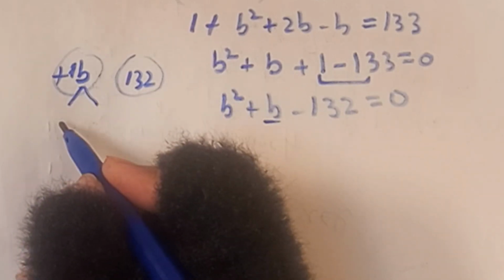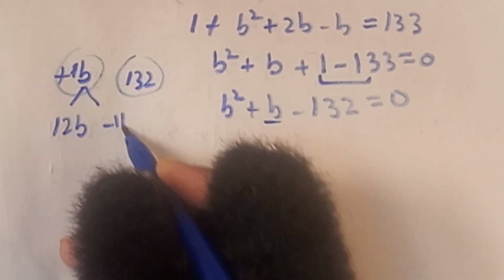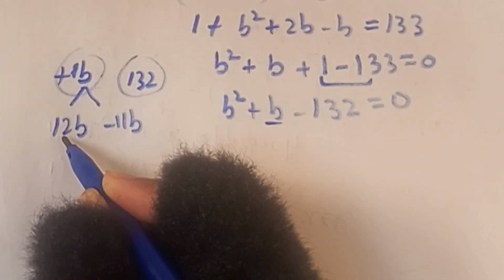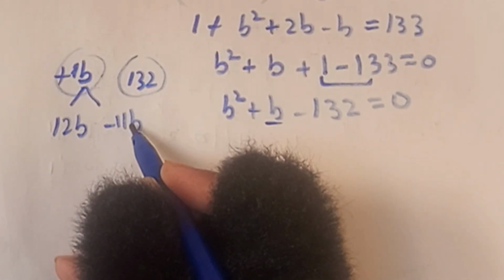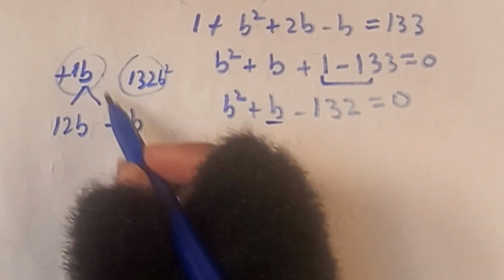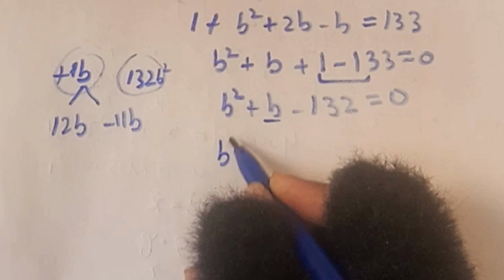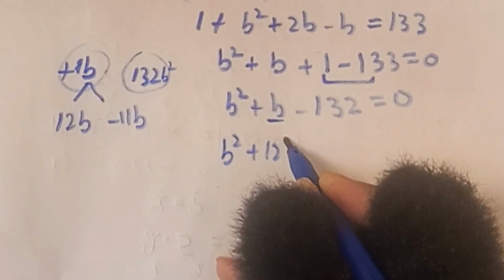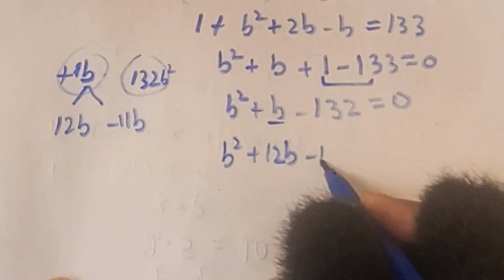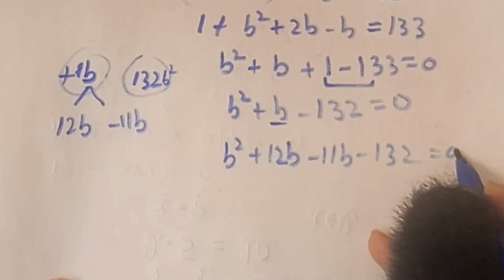So the two numbers are 12b and −11b. If we multiply 12b by −11b, we get −132b², and if we add them, we get plus b. So we write this b² + b as b² + 12b − 11b − 132 = 0.